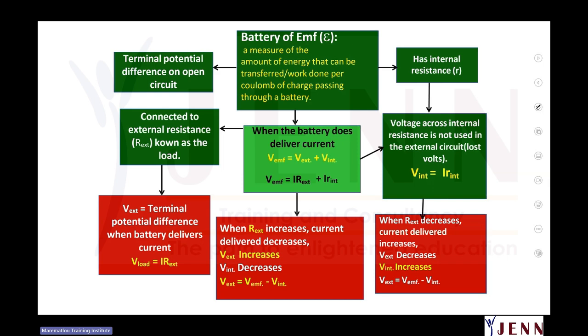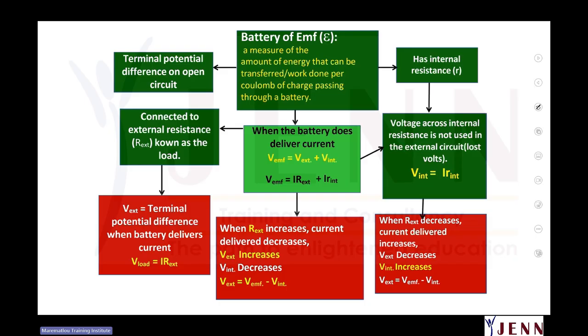Okay, so this is a flow chart that you can use to answer the questions that will be provided to you. Now, in this flow chart, what we can see is that you have the battery of the EMF. That is the maximum amount of energy provided per unit coulomb of charge.